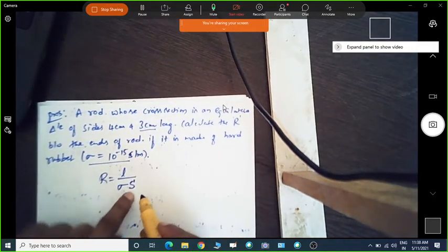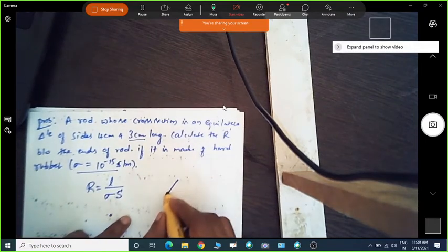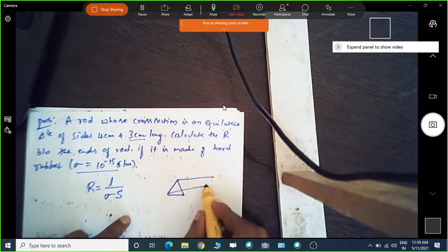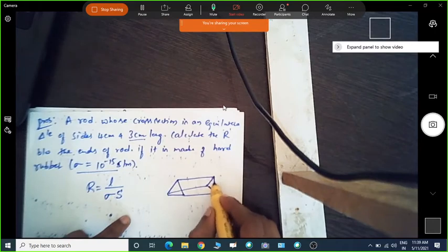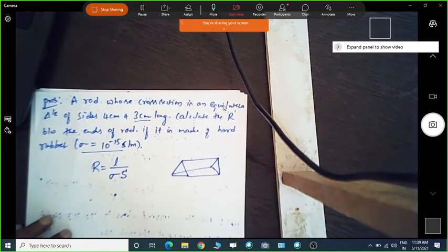We have to find out the cross sectional area. So we have the rod in the form of an equilateral triangle, like this.